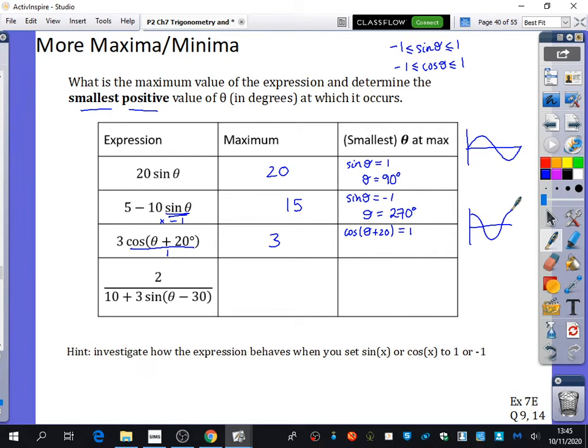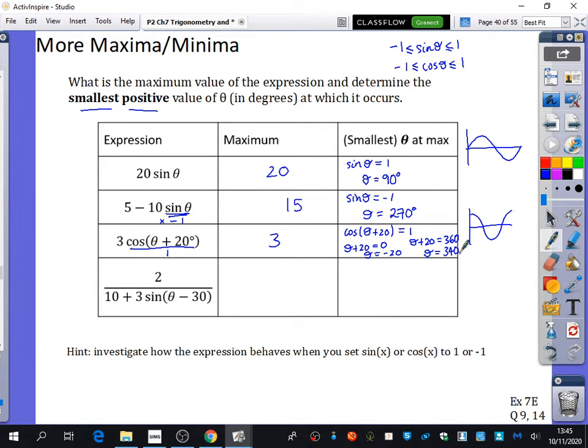At 0 or at 360. So either theta plus 20 is 0, which gives you that theta is minus 20, or theta plus 20 is 360, so theta is 340.